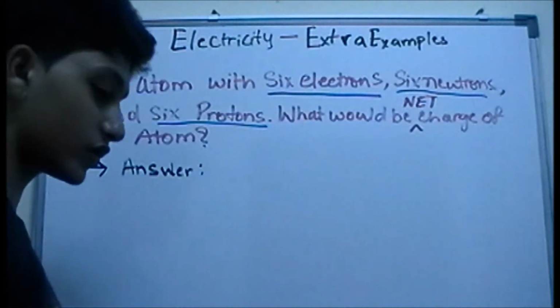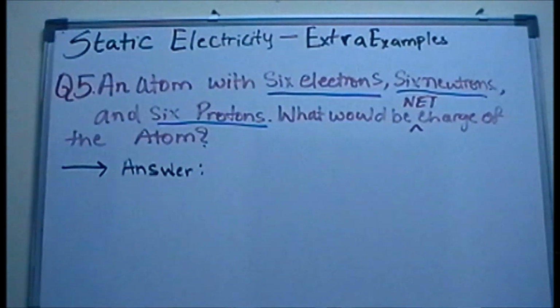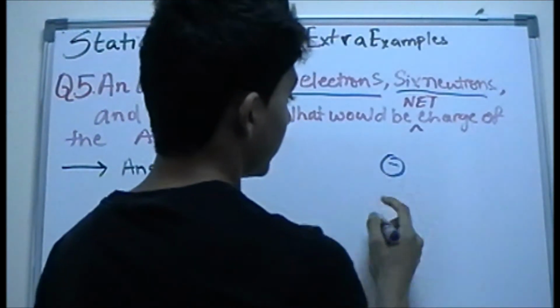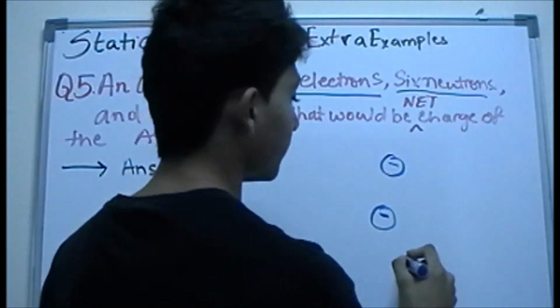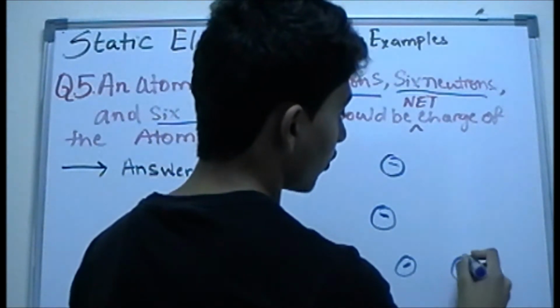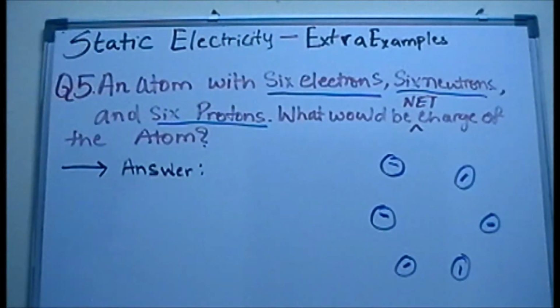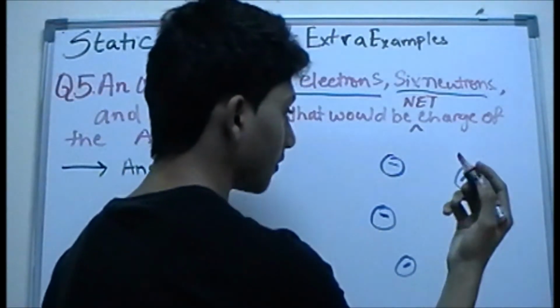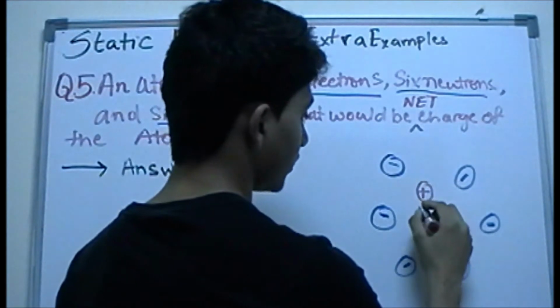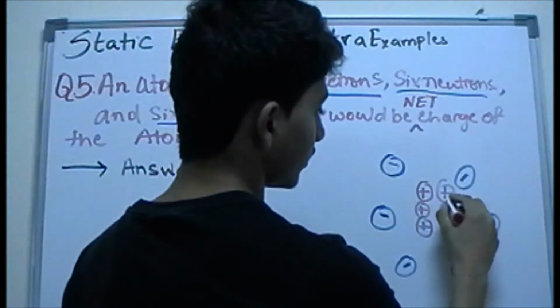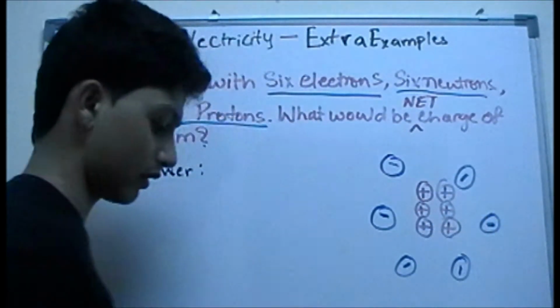Let's go ahead and draw the example, or what we call a model. You have 1 electron, 2 electrons, count with me, 3, 4, 5, 6 electrons. This qualifies with our question. Now let's draw the protons in the red marker: 1, 2, 3 protons, then 1, 2, 3 protons.